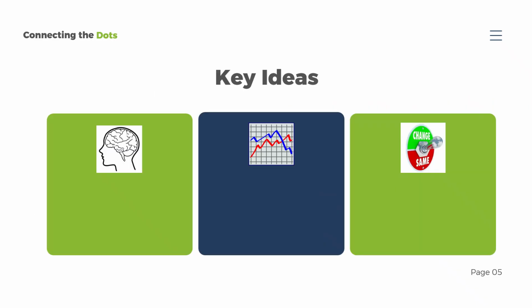Let's take a closer look at some key ideas that form the foundation of behavior analysis. These ideas guide how we approach understanding and changing behavior. There are three main ones we will discuss. The first one we will discuss is behavior is learned. This means that behavior is not random or purely instinctual. It is the result of learning through interactions with the environment.